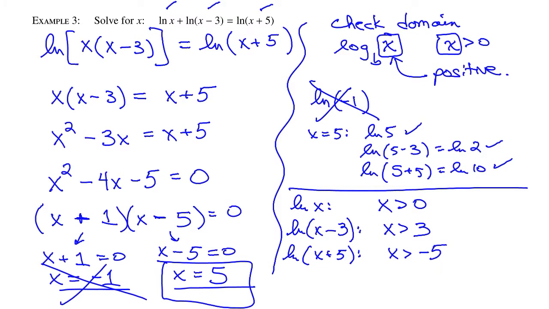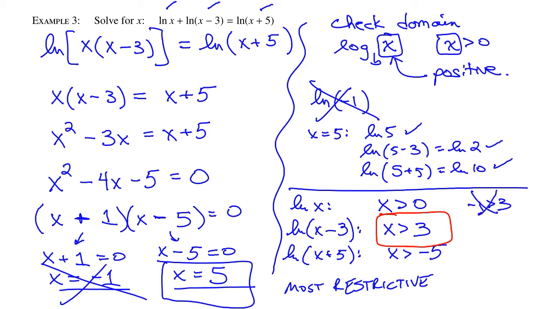Then you use the most restrictive of these to produce the domain that works for the entire equation. The most restrictive is x greater than 3. Then check your solutions. Is negative 1 greater than 3? No, so that's out. Is 5 greater than 3? Yes, so 5 is allowed to be a solution.